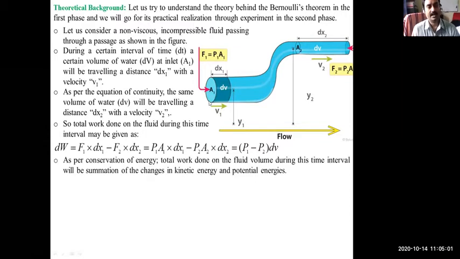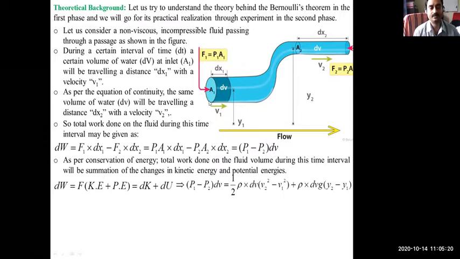As per conservation of energy, this total work done on the fluid volume during the time interval dt will be the summation of changes in kinetic and potential energies. So the total work done dW is the change in kinetic energy plus the change in potential energy.